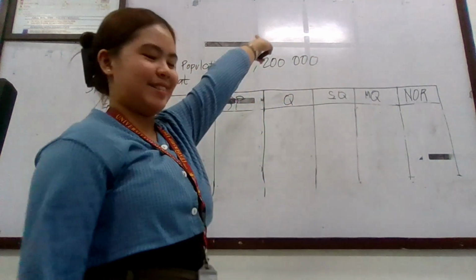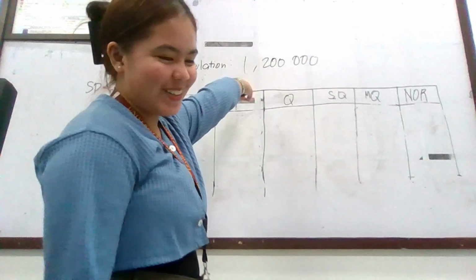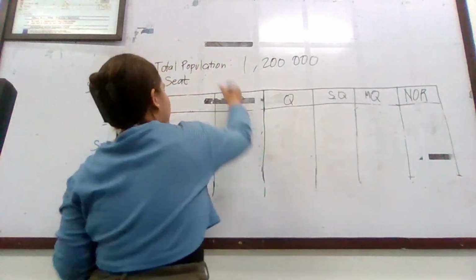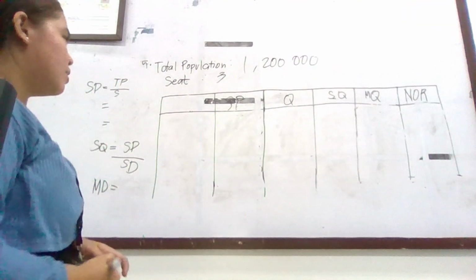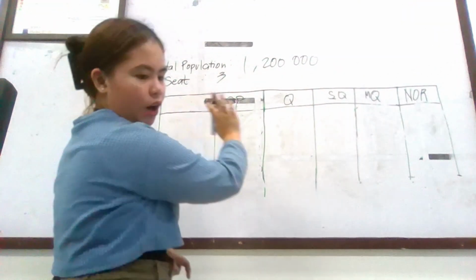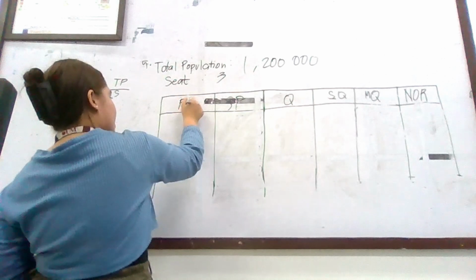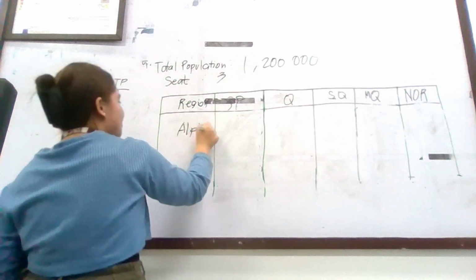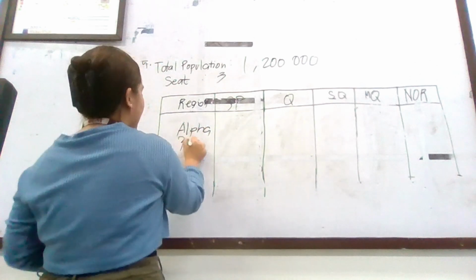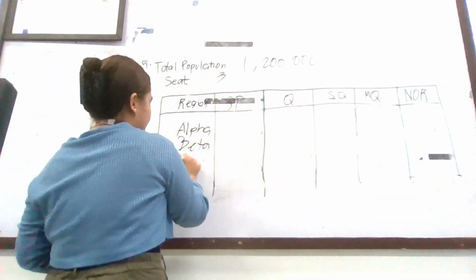So it's such a great value. So our seats will be 3. So for our regions, we have Alpha, Beta, and Gamma.